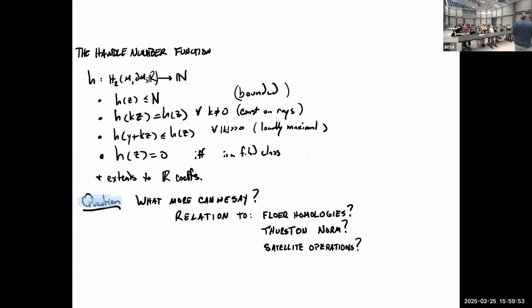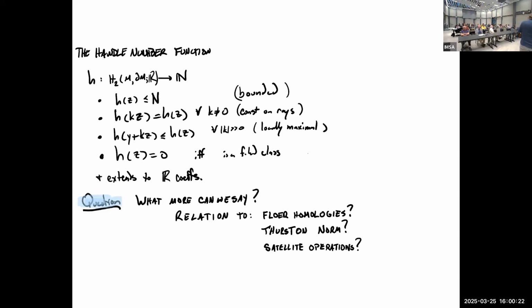Well, so what I really wanted to get into is saying, well, so we have this handle number function. We want to have some sort of understanding of what's going on with the handle number. We have this foundation. And so what you'd like to do is try to relate it to other known objects and use that at least as a counterpoint. So we can look at the relationship to things like the Floer homologies, the Heegaard Floer, Seiberg-Witten Floer, sutured Floer.